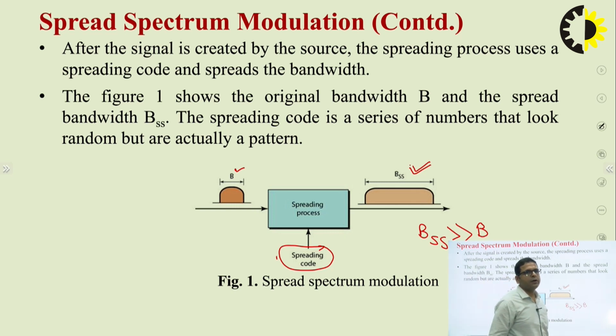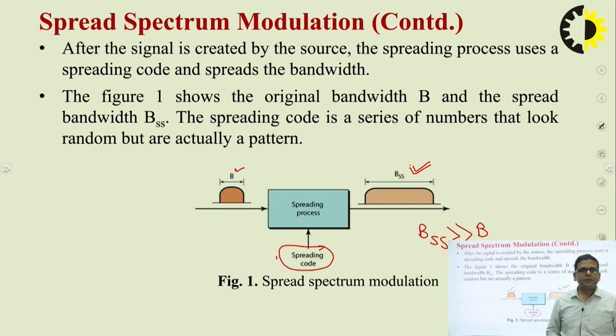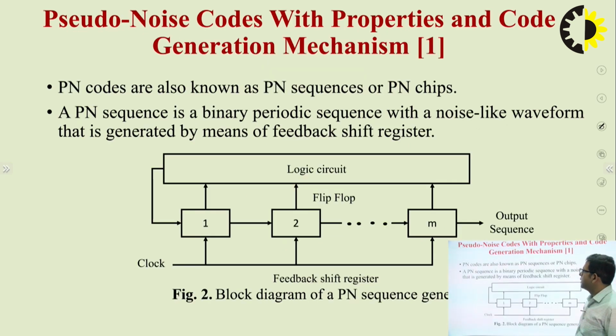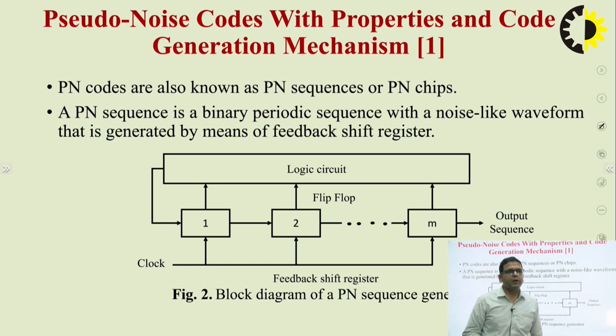The spreading code plays an important role in spreading the spectrum of the original baseband signal. The spreading code, as I told you, is very important in spread spectrum technique, and this code is also known as pseudo-noise code.